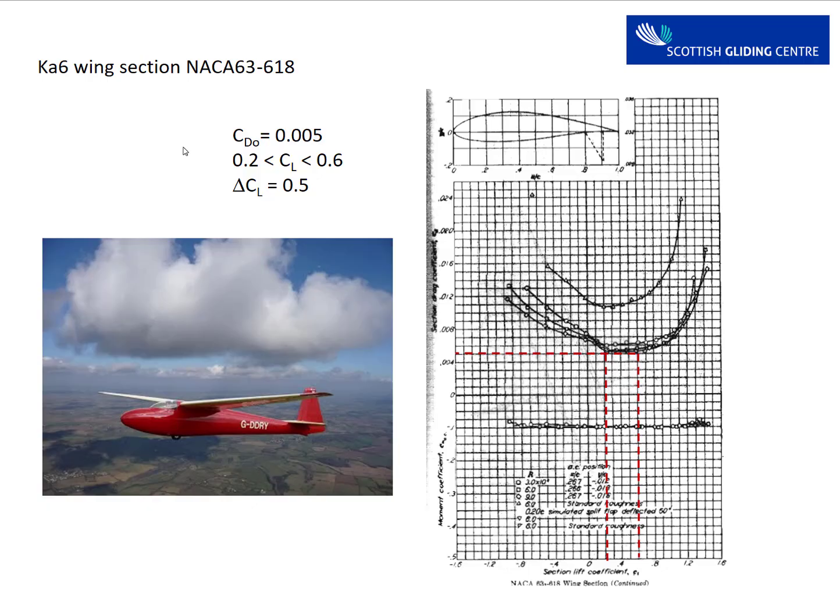When laminar flow airfoils were implemented onto gliders, here we see a Cirrus 6 from Schleicher, we can see that the CD0 value has reduced down to about 0.005, and again over a limited lift coefficient range for that aircraft. But as long as we get that lift coefficient as the lift coefficient that we require in cruise, then we're fine.